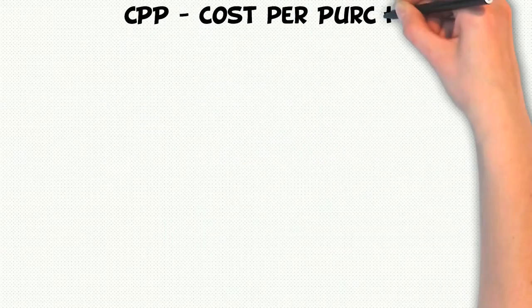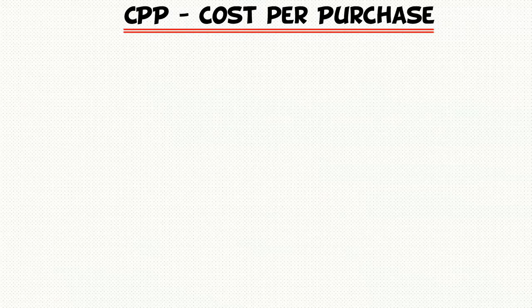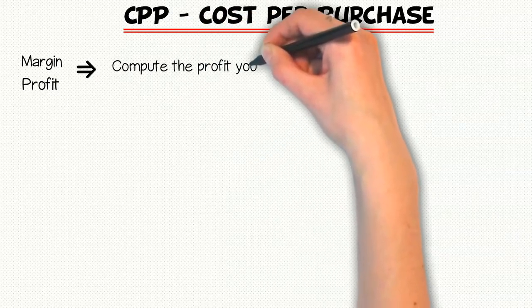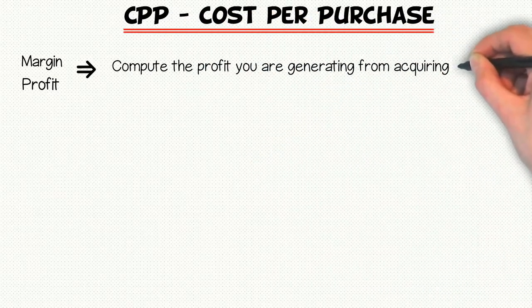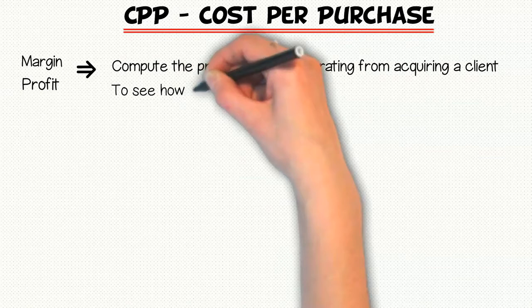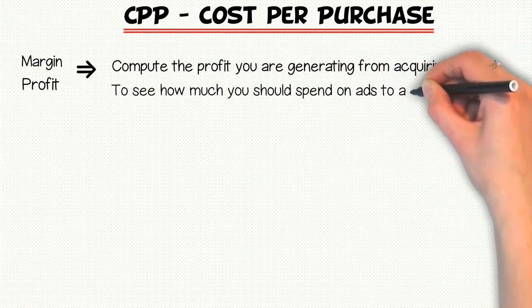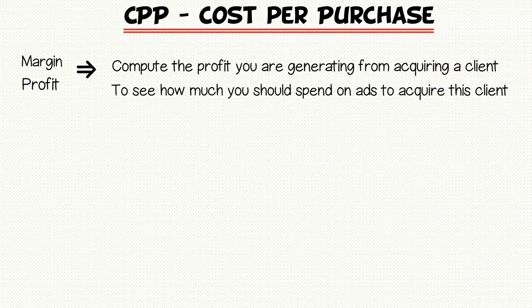Let's begin with the most important metric, the CPP, or the cost per purchase. If you remember well, we have talked about margin. Now we are going to call it the profit. So you have to compute the profit you are generating from acquiring a client to see how much you should spend on ads to acquire this client.